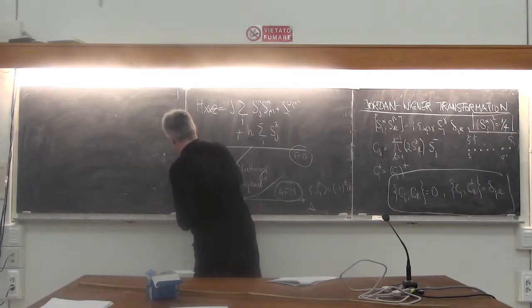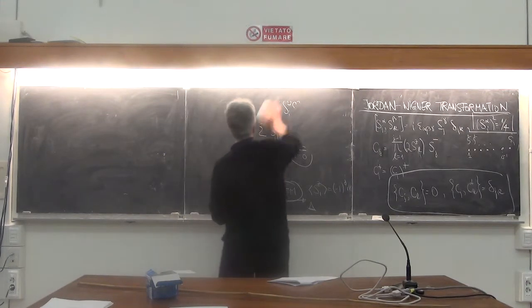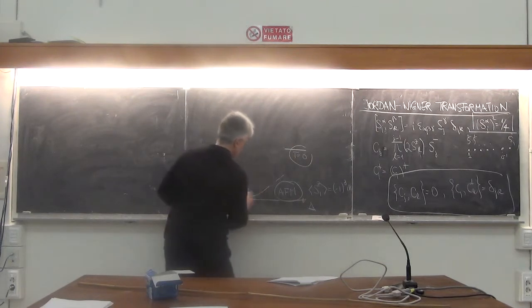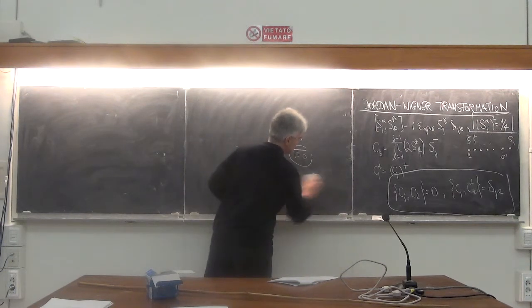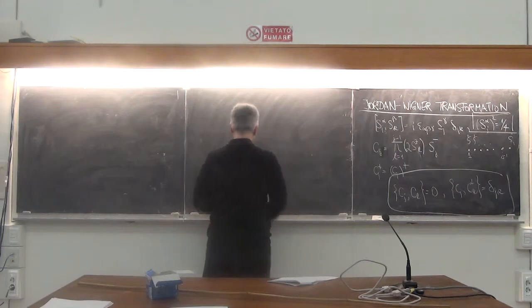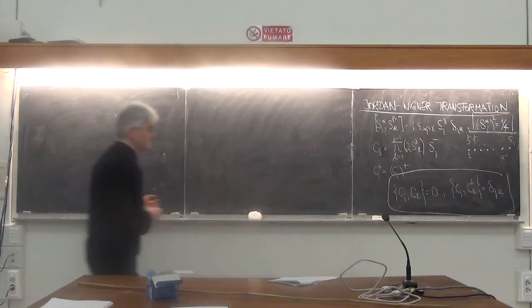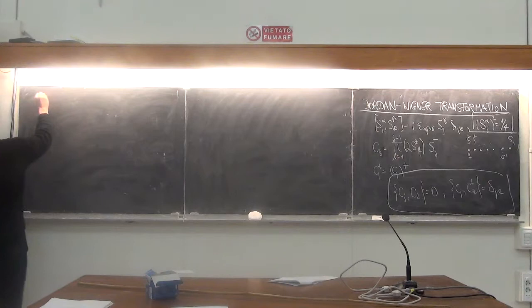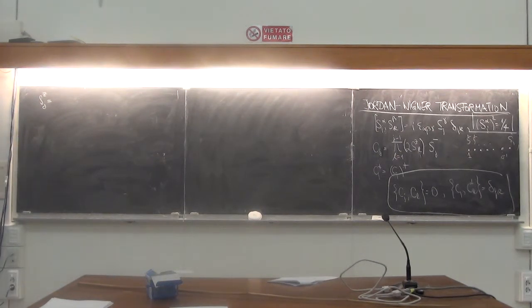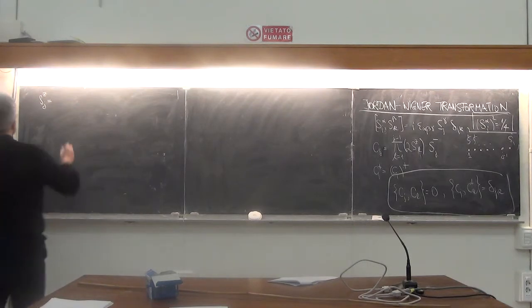Now the next thing you can do is simply invert this transformation. That's the next exercise. You want to express the spins in terms of the fermions, and I'm giving you the answer; it's an exercise for you to check this as well.